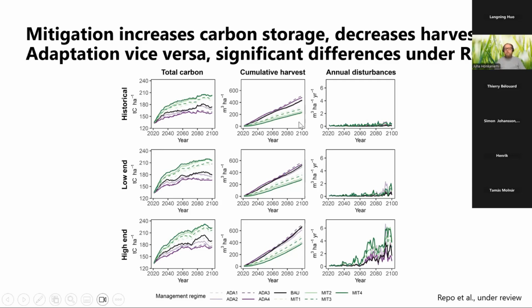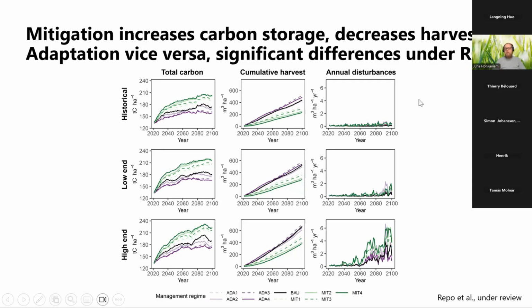The cumulative harvests are increasing a bit from the BAU with the adaptive measures. So we have shorter rotations, we are harvesting more, and with longer rotations, we are harvesting less in the mitigation scenarios.